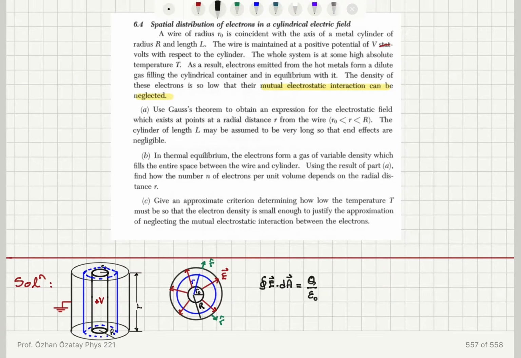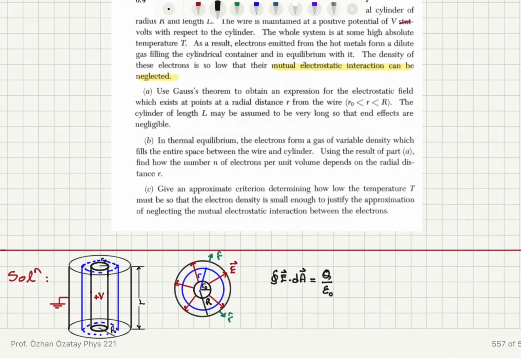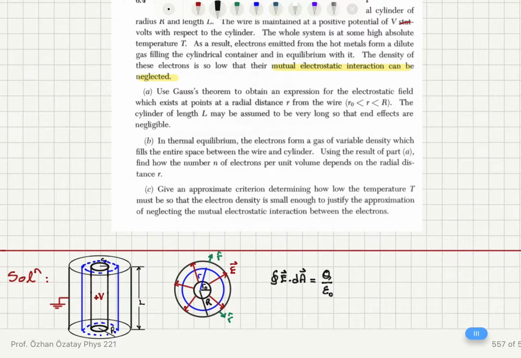So given that the radius of this Gaussian surface is r, what is E dot dA? It's going to be equal to E, electric field in r hat direction, dotted with the area vector, which is 2 pi r multiplied with the length in r hat direction.